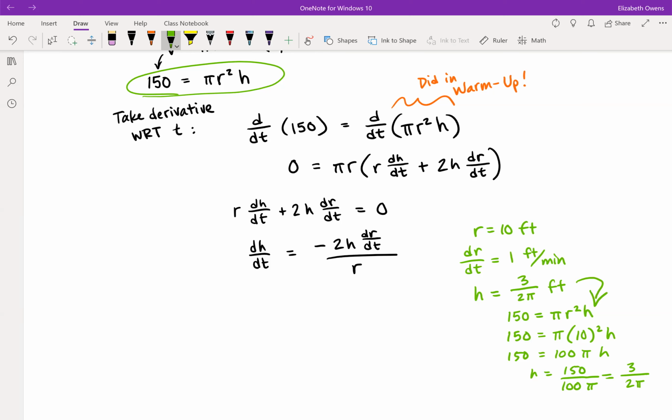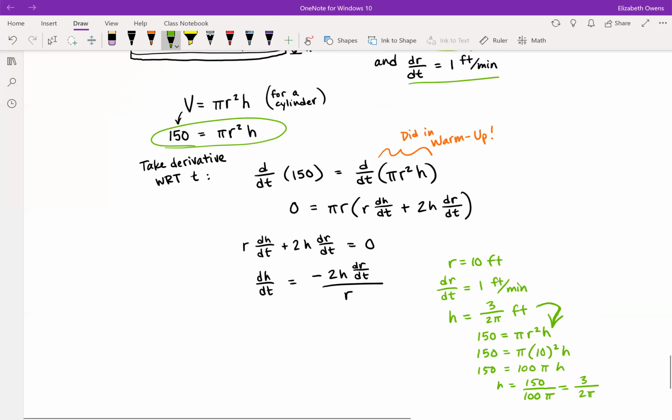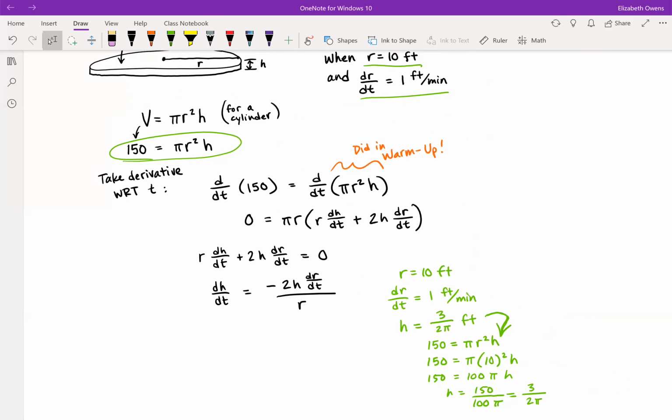Okay, so sometimes you do have to do a little bit of calculation to find a value, but you should be able to come up with values in a reasonable amount of time based on what you have in the problem.